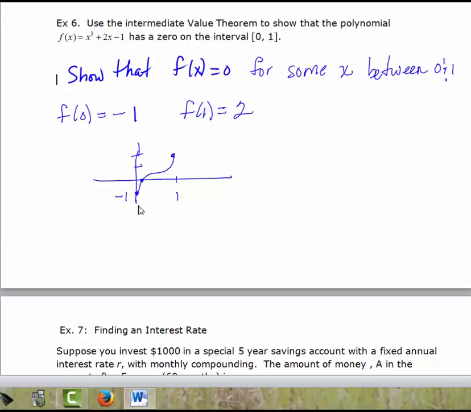Since I went from -1 to 2, my y value has to equal 0 somewhere. It doesn't tell us where it happens, we just know it happens between x equals 0 and 1.